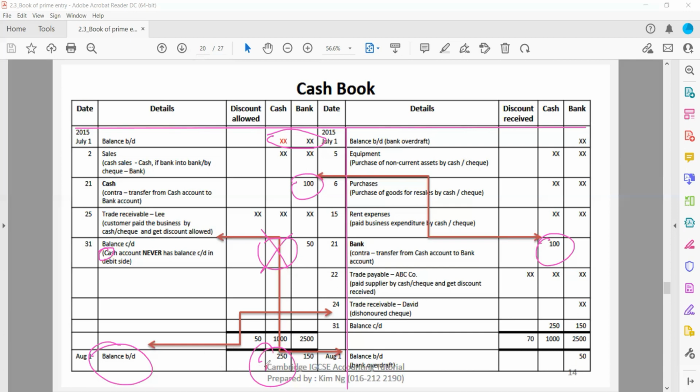This must be on the debit side. But for the bank, it can be debit or credit, depending on the question that you have. Sometimes it's a balance carried down debit, and the credit will be the balance brought down. This one will be a bank overdraft. If it's on the debit side, balance brought down, that means it's an asset, a current asset to the business.